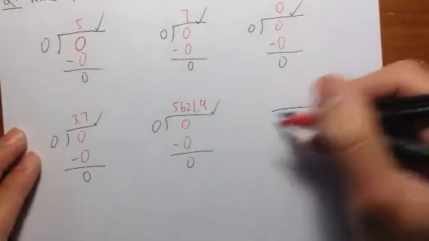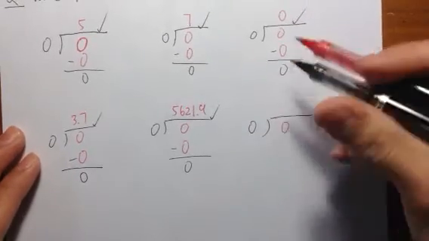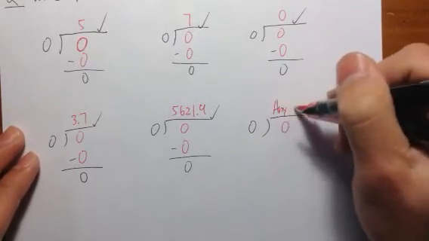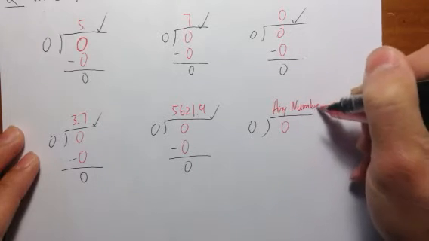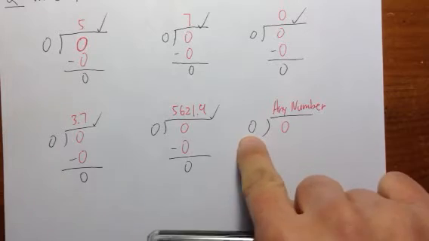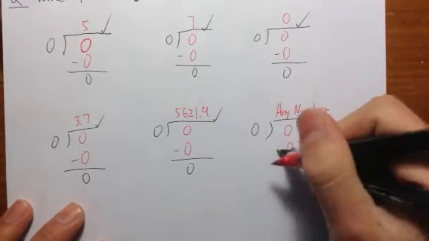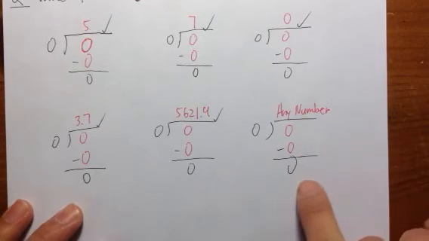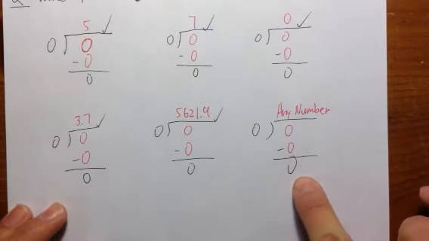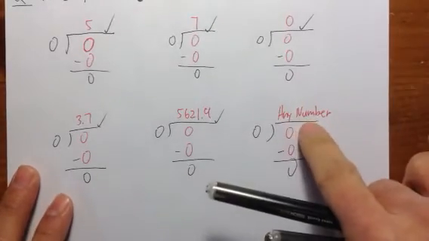In fact, when you have a 0 inside and a 0 outside, it looks like any number will work. Because any number times this 0 in black will produce a 0, and when you subtract, you get a remainder of 0. And whenever you have a remainder of 0, then this is the answer.